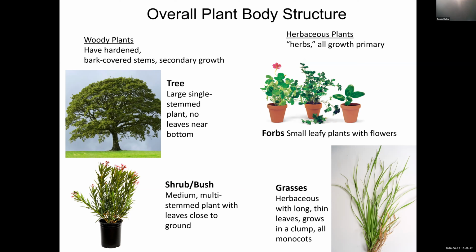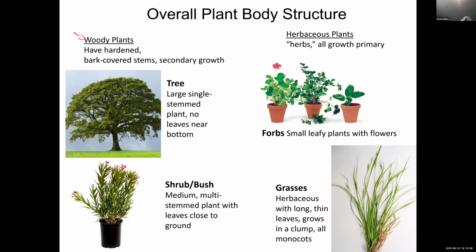Their stems are going to get much thicker, and they're going to have a body that's reinforced with wood, right? Wood is that brown, hard stuff that we can burn in a fireplace. So these hardened bark covered stems are called secondary growth because they happen in the second year or more in the plant. We have a tree, we're going to define it as a large single stemmed plant.